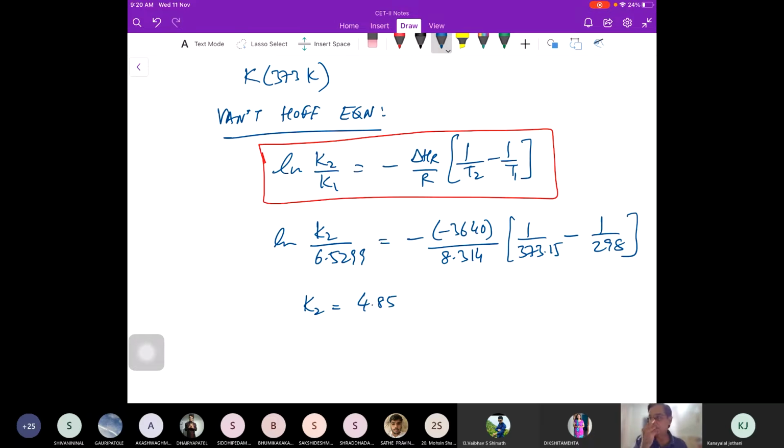Is this correct, Siddhi and Dikshita? Yes, sir. Okay. So once we get the value of K, then we can proceed as normal.